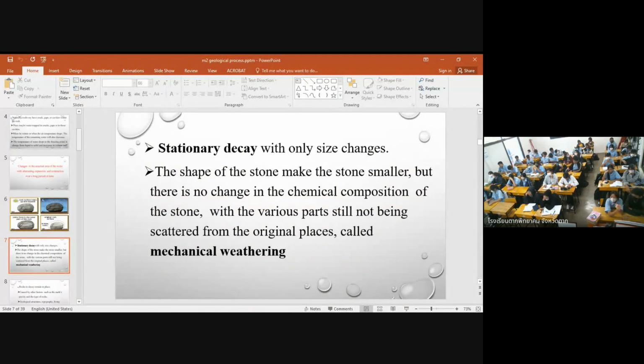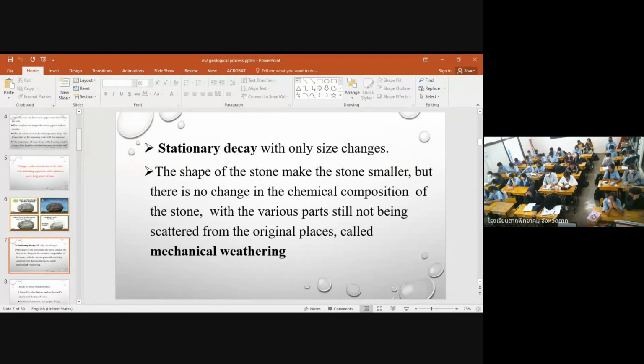Stationary decay with only size changes. The shape of the stone changes and makes the stone smaller, but there is no change in chemical composition. Just remember, no change to the chemical composition of the stone or rock.